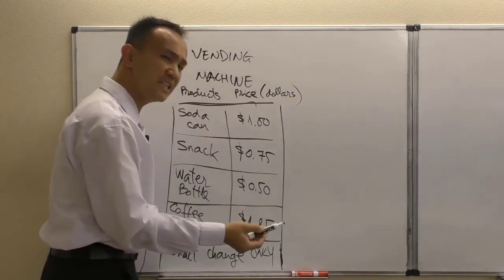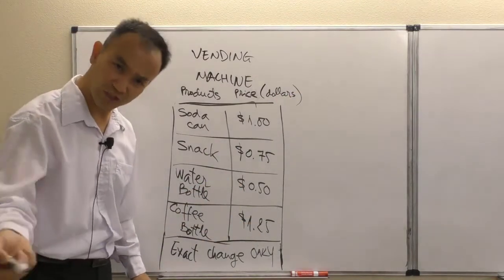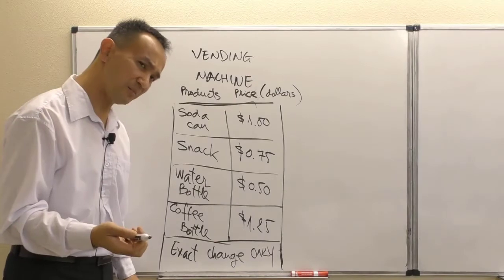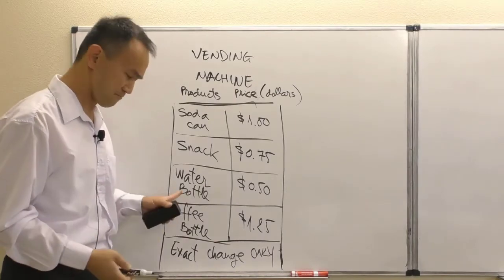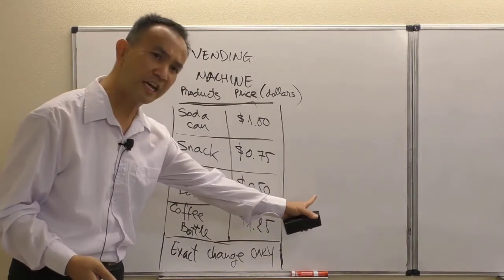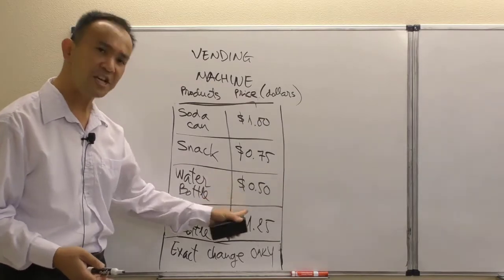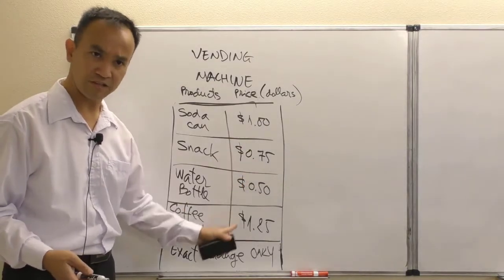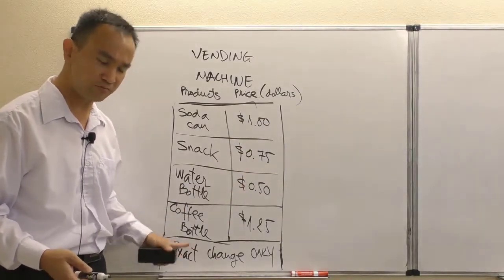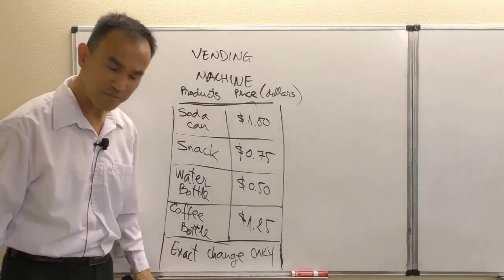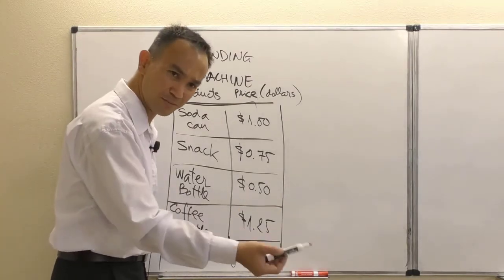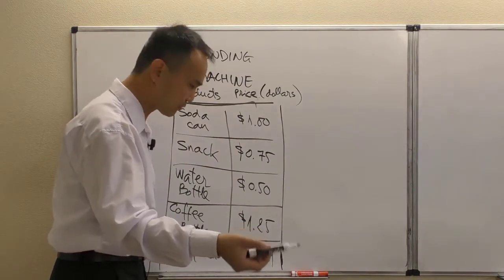So how does it work? Think about it. We walk by a vending machine and we feel thirsty. There's a water bottle, so we have to give the vending machine the money: cash, exact change only. Tentatively cash only, or maybe in these modern days there are credit cards and all that.